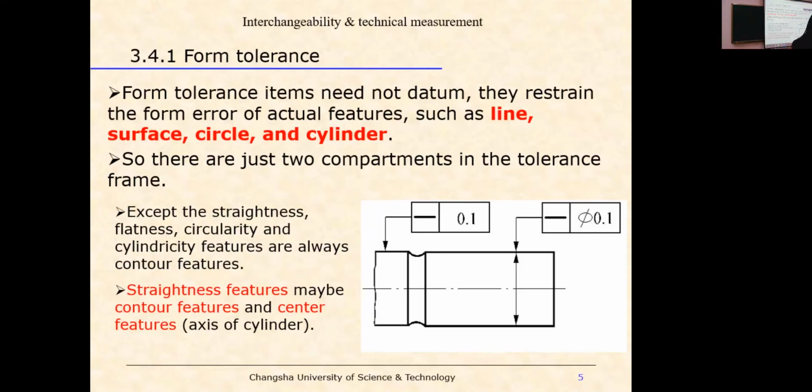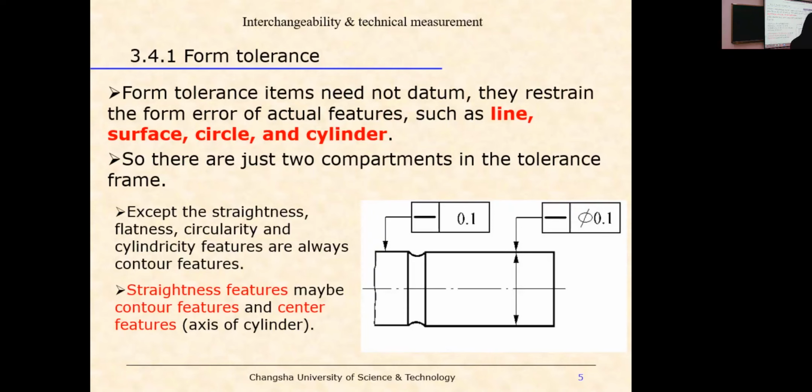Like this one, this is straightness. But when this error is in line with this dimension error, that means this tolerance frame is used to describe the axis tolerance.